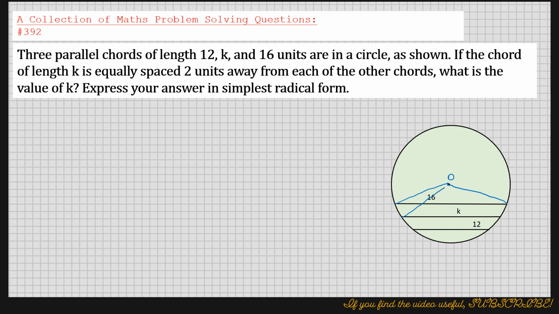So all of these lines are the radius, and what that means is we have drawn isosceles triangles. If you name them A, B, C, D, E, and F, then triangle OAB is isosceles, triangle OCD is isosceles, and triangle OEF is isosceles.